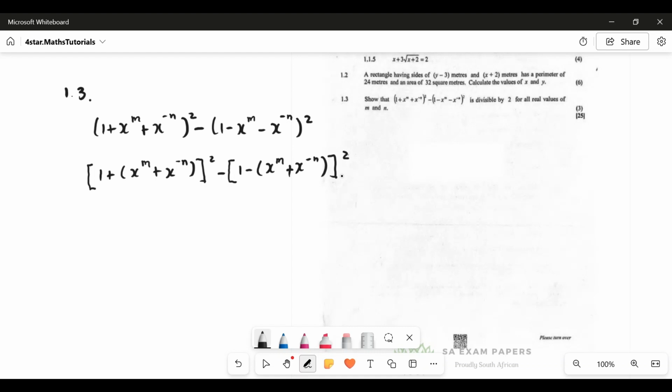So then what is the meaning of this squared? The squared means that whatever is inside the bracket, we must repeat it twice. So let's try to repeat it. Let's start with this one. This can be written as 1 plus x to the exponent of m plus x to the exponent of negative n, multiplied by this same expression.